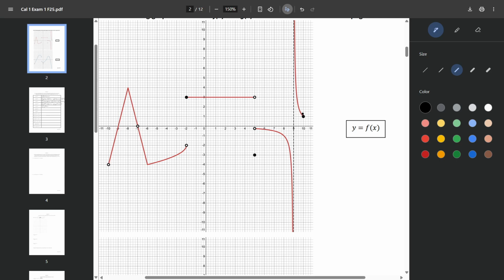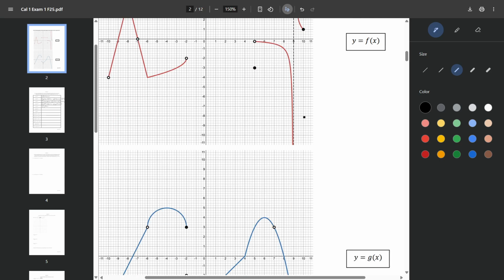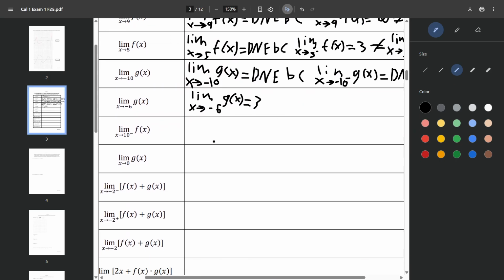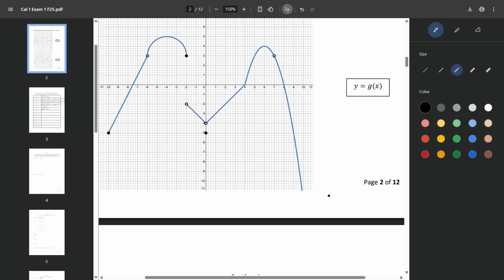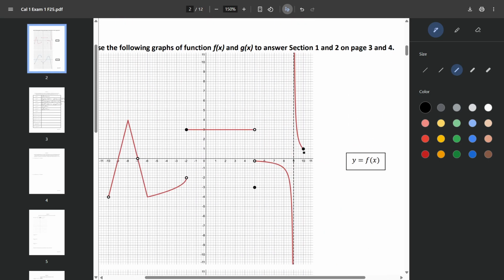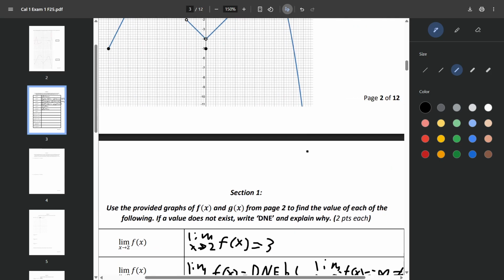And so, because of that, we can see that the left side of the graph is approaching the value of 1. And so, we could put that our limit of x approaching 10 from the left of f of x equals 1. Let me just double check, and yes, that is our answer.